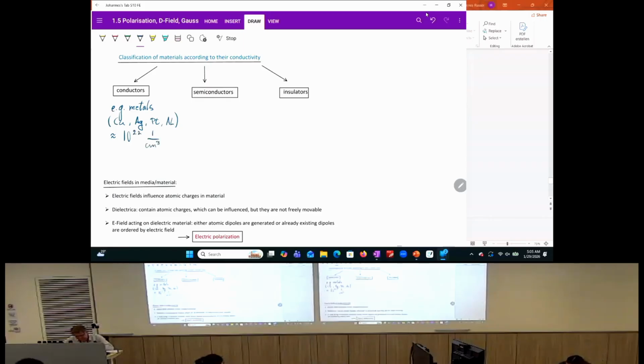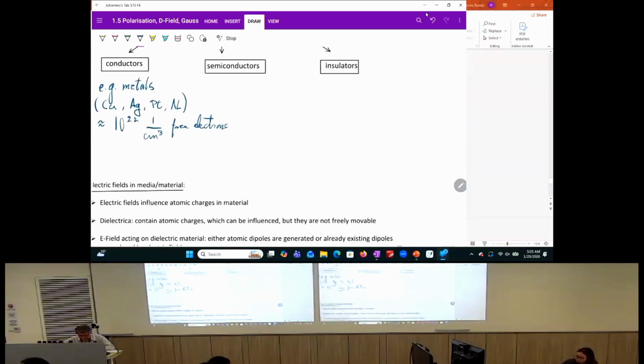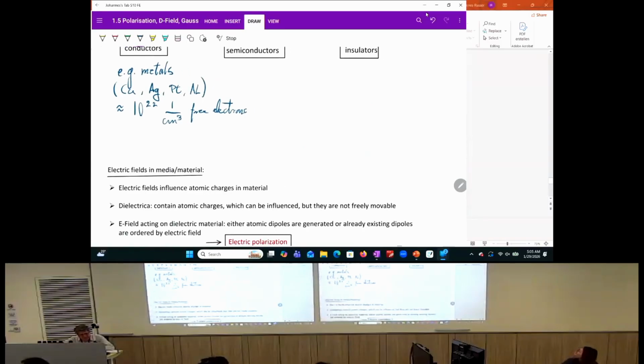This varies, of course, with material. It varies with the special conditions also, like the temperature. But on that order, you're there. That means these electrons are in particular also highly movable and can contribute to the charge transport. So conductors are, as the name implies, very good for conducting. So these metals are very good conductors.